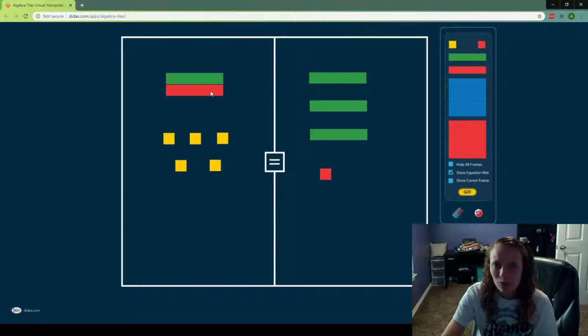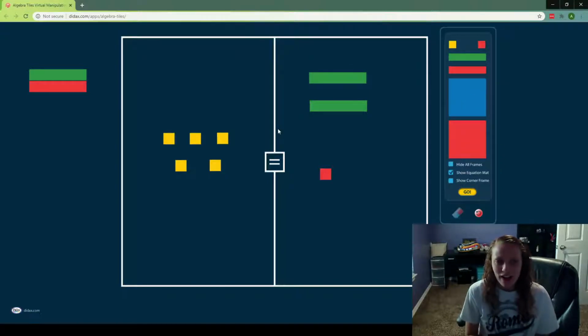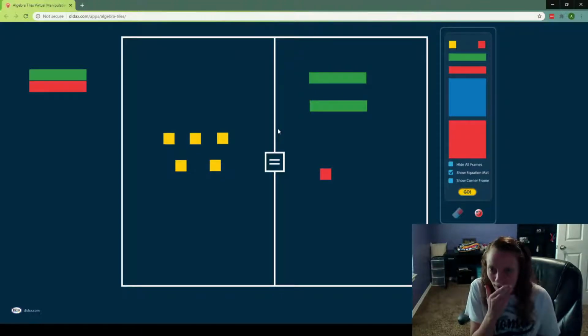Now whatever we do to one side of the equal sign, we have to do to the other. So I added a negative 1x to both sides, and that cancels these out. Alright, now I have the x's gone on the left side, and we have 2x on the right side. The next step is to start canceling out some of these 1's.